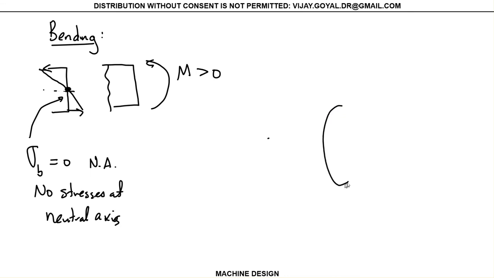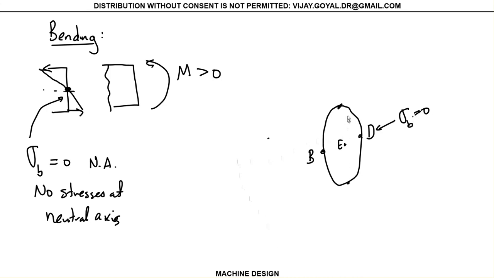If I take my cross section now and put my 5 points, it should be clear that my point B, my point D, my point E all lie on this point right there. You see? So in this location there are absolutely no stresses. Your stress is actually equal to 0.